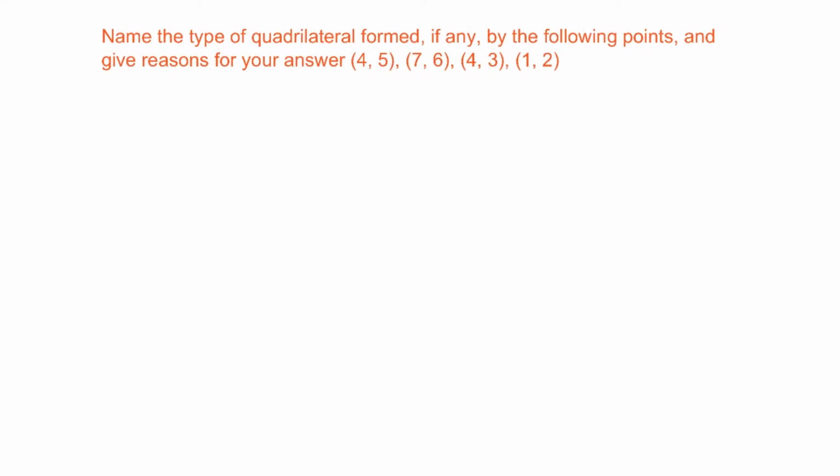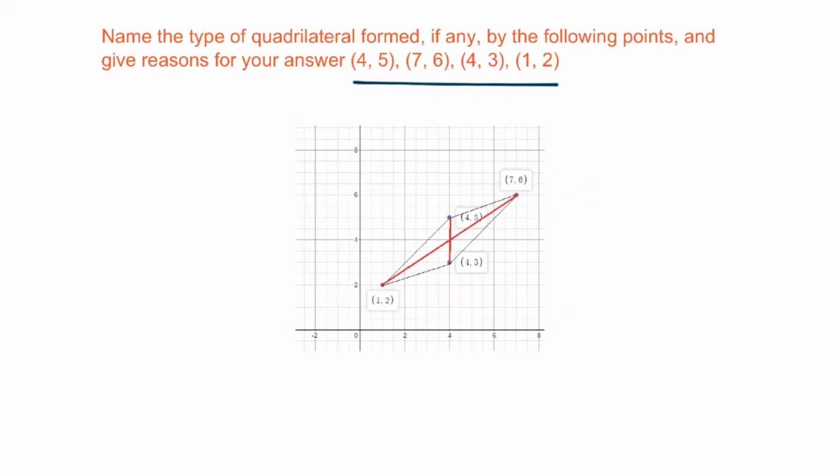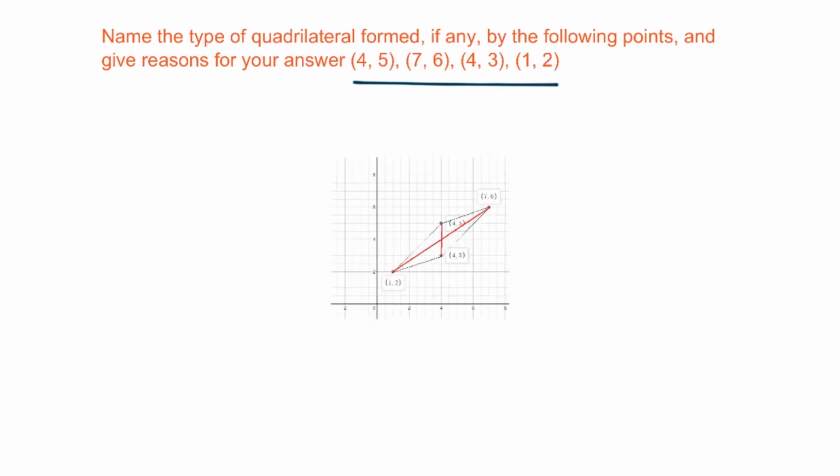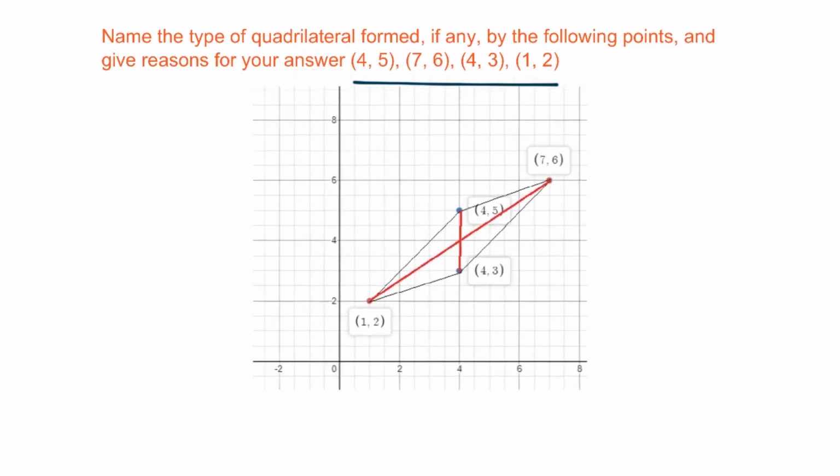Name the type of the quadrilateral formed with these points. So first let us have a look at the quadrilateral which can be formed with these points on graph. If you look at this, this is looking like a rhombus or parallelogram.